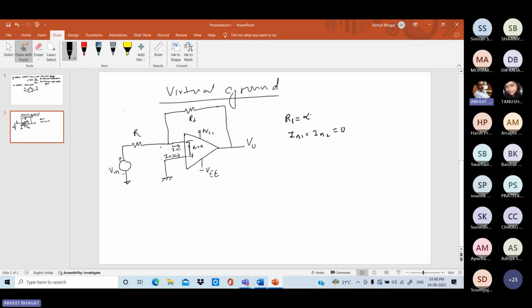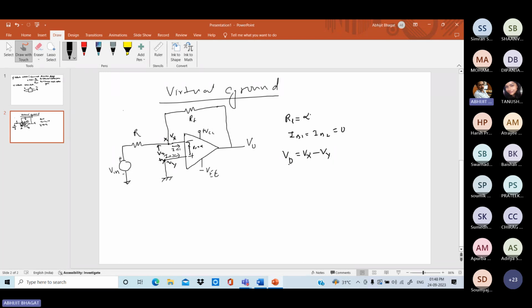Now for an op-amp, suppose this is terminal X and this is terminal Y. The voltage at this terminal is Vx and the voltage at this terminal is Vy. The difference between these two terminal voltages is Vd. So Vd is the difference of Vx minus Vy.